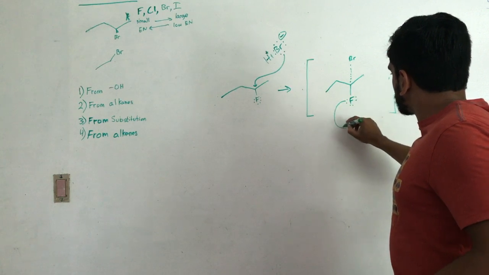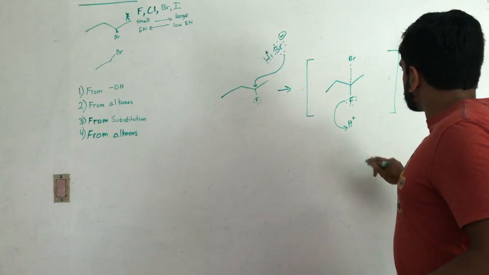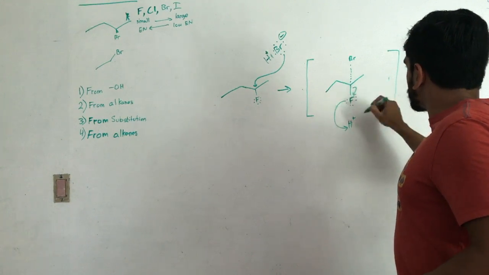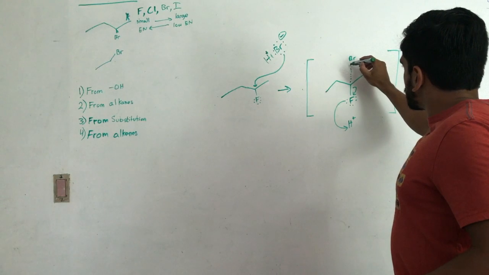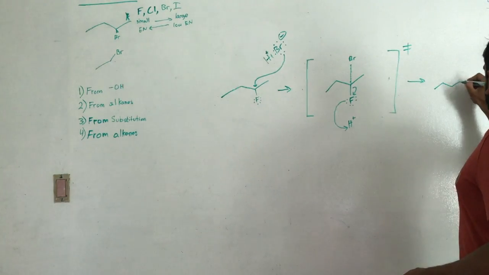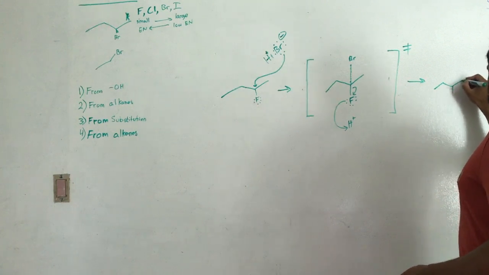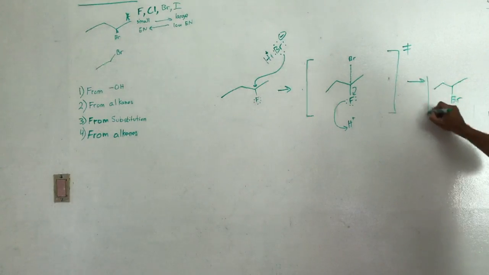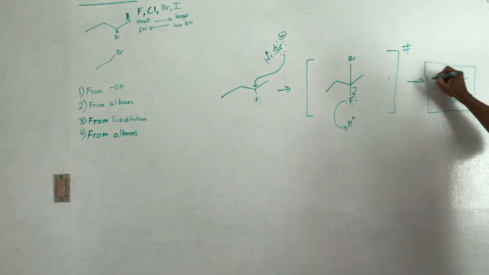So that can be attracted by the fluorine. That comes and fluorine leaves, and this bromine bond just solidifies. So what we have then here is our target haloalkane.